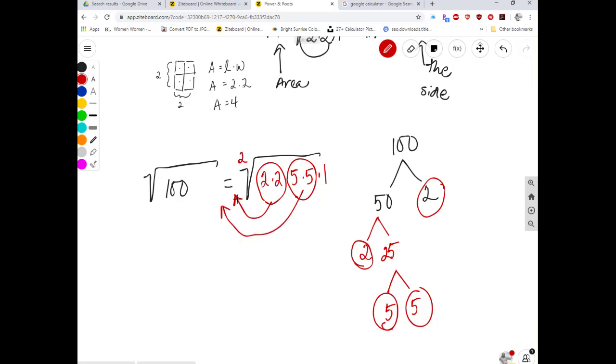It's saying, what are the numbers multiplied times one another so that I can find what the sides are to this square that has 100 little units inside of it. So I would get 2 times 5 times radical 1. It's a weird radical. And 2 times 5 is 10 times radical 1, and that's the same as 10.